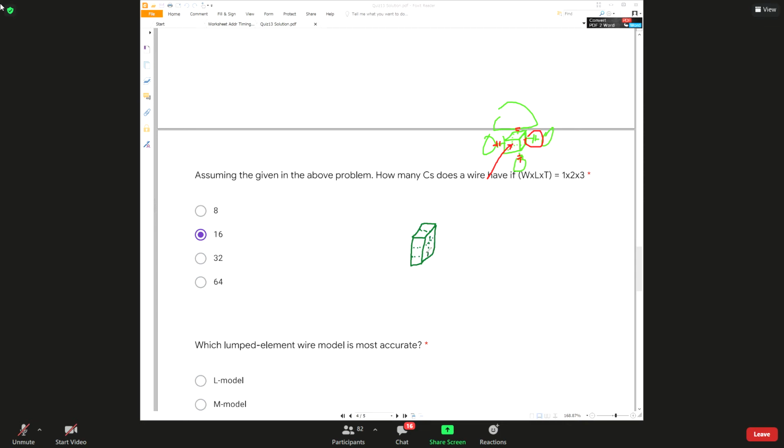What we have is capacitance again, on the top, on the side, and on the bottom. And what is the total capacitance? That's the question. The electric field of view, you know that from physics, right?